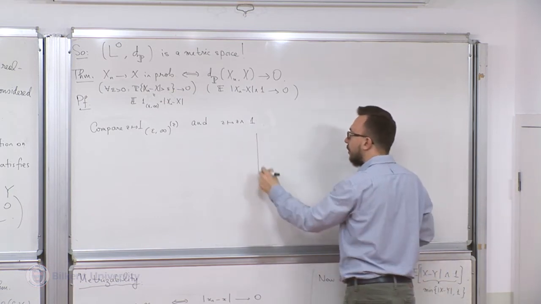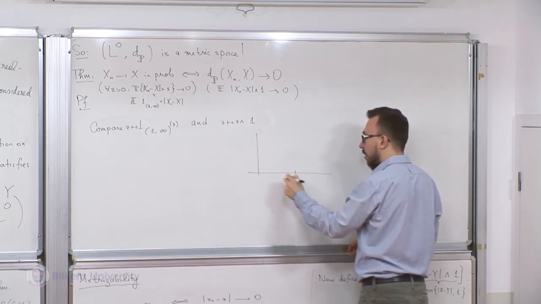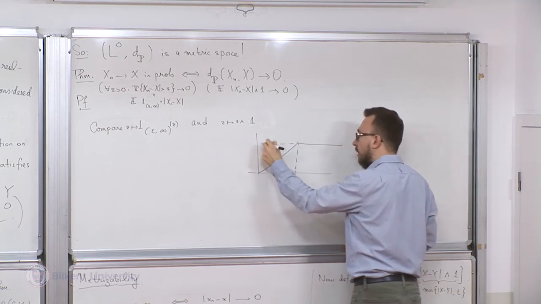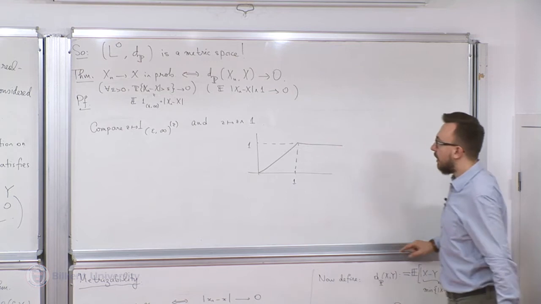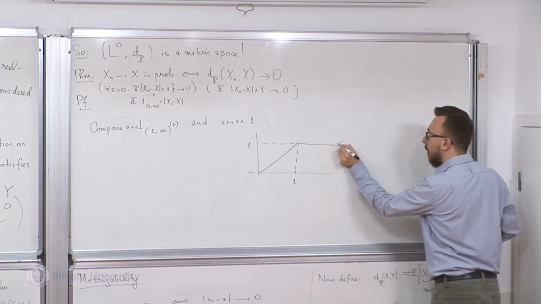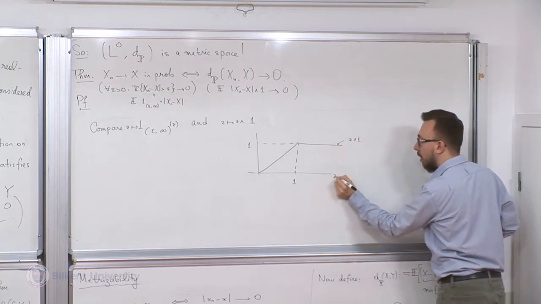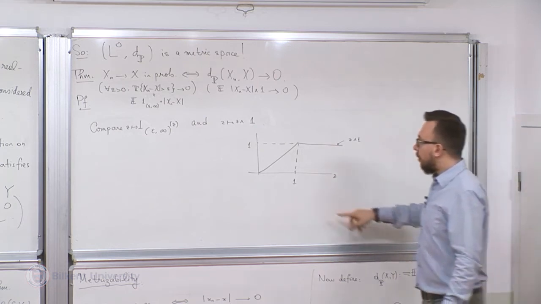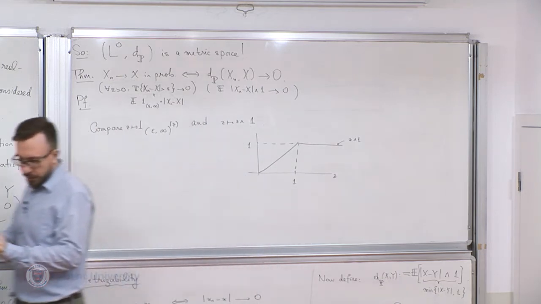So let's draw a picture. So z minimum 1 is this, right? It is linear up to 1, and then it's constant. How about indicator of epsilon to infinity?